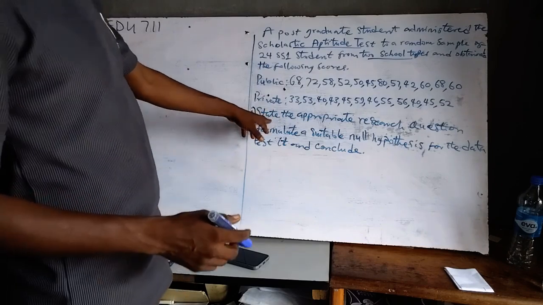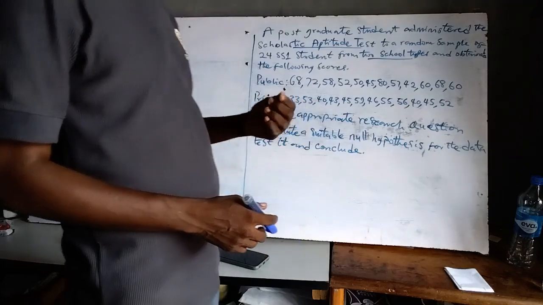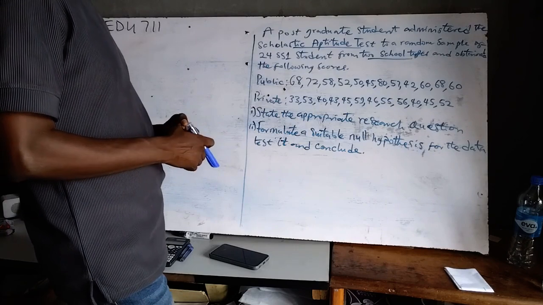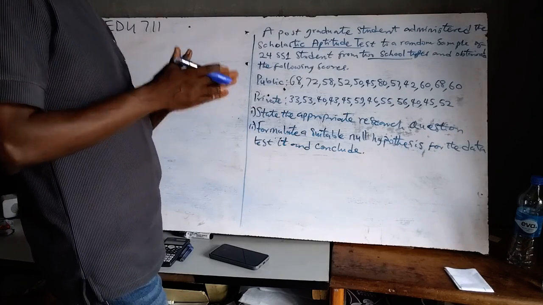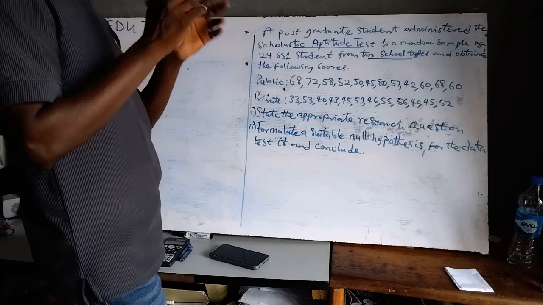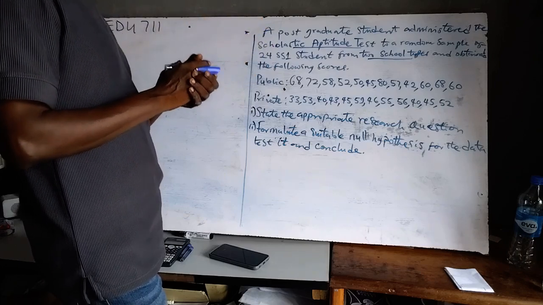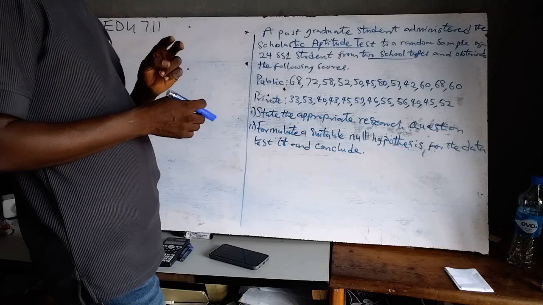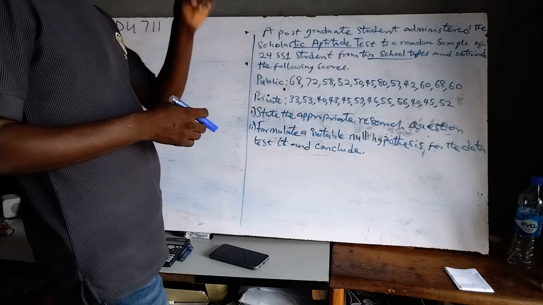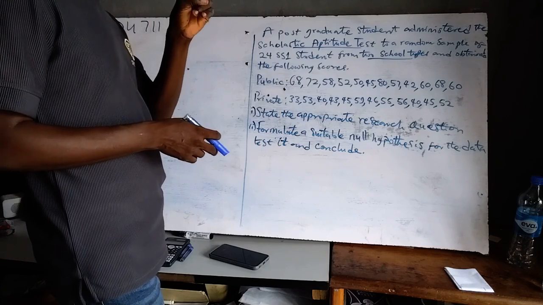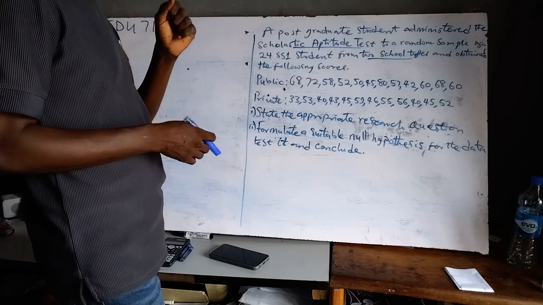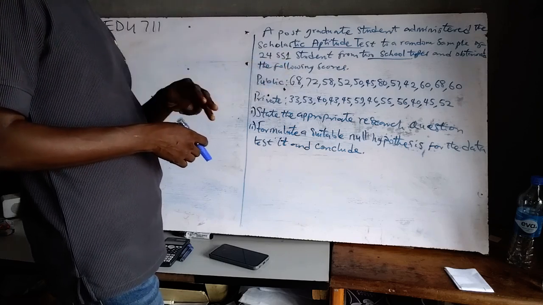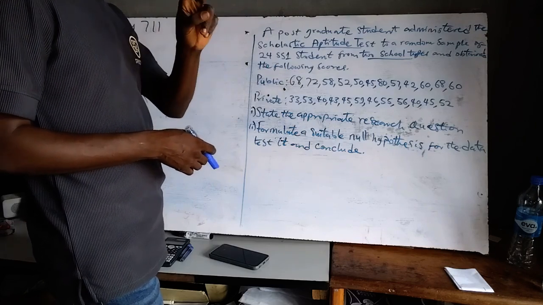Then, you are asked to state the appropriate research question. One thing you need to know is that when you are dealing with T-test, you are particular about the difference between the 2 groups. But when you are dealing with correlation, you are concerned with the relationship between the two tests. Let me come again. T-test is difference between the two groups, and correlation is relationship between the two tests.